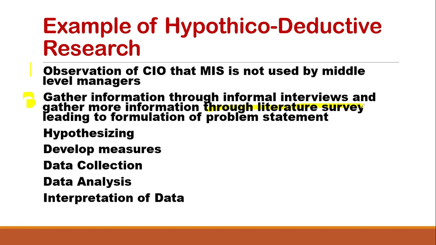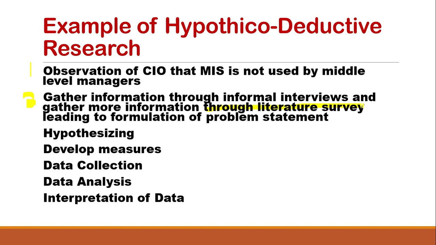Going on the internet and finding some research papers, the CIO finds further previously published information, and that search indicates that many middle level managers are not familiar with how to operate computers, and the lack of information about what MIS offers can be another reason why managers do not choose it.